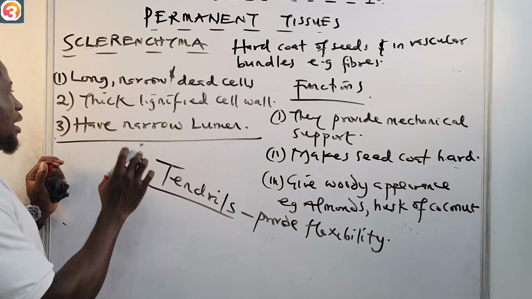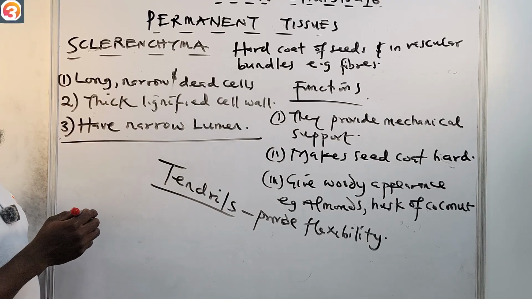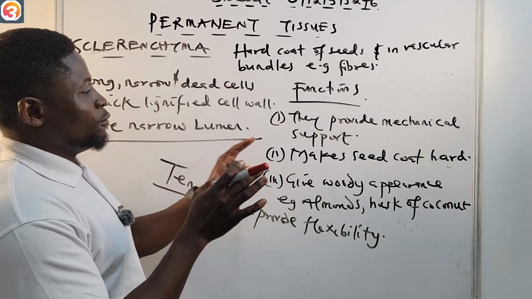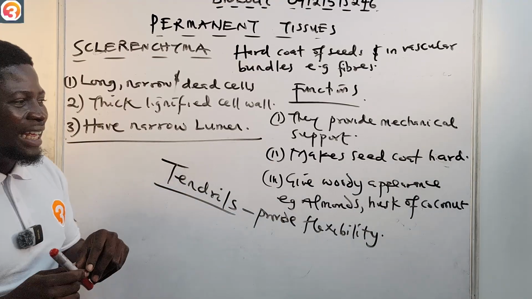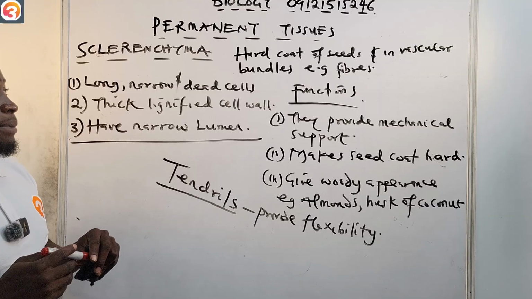Then, of course, we said that the sclerenchyma are found in the seed coat. They provide mechanical support, make the seed coat hard, and give it a woody appearance. So these are all about permanent tissues.